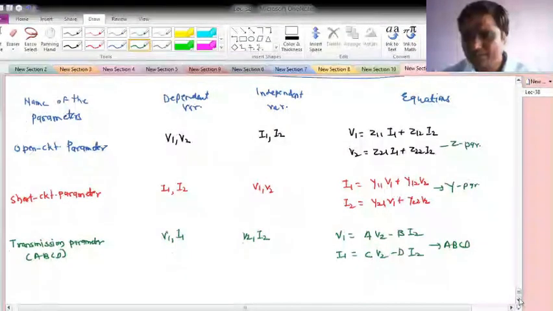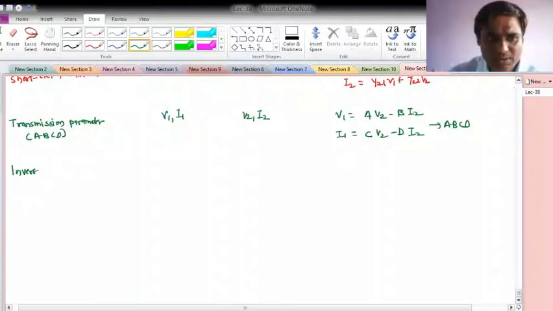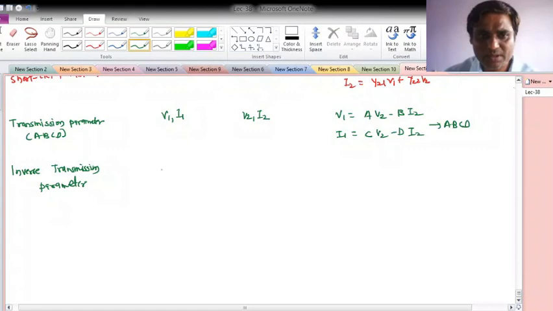Then next is the inverse transmission parameter. What is the inverse transmission parameter here? The dependent variables are V2, I2, and the independent variables are V1, I1.